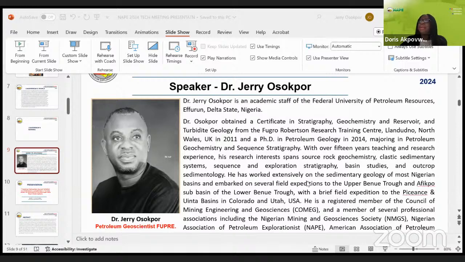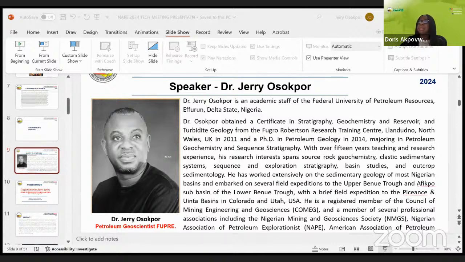Cool. Yeah. All right. North Wales, UK in 2011, and a PhD in petroleum geology in 2014, majoring in petroleum geochemistry and sequence stratigraphy. With over 15 years teaching and research experience, his research interest spans source rock geochemistry, clastic sedimentary systems, sequence and exploration stratigraphy, basin studies, and outcrop sedimentology.